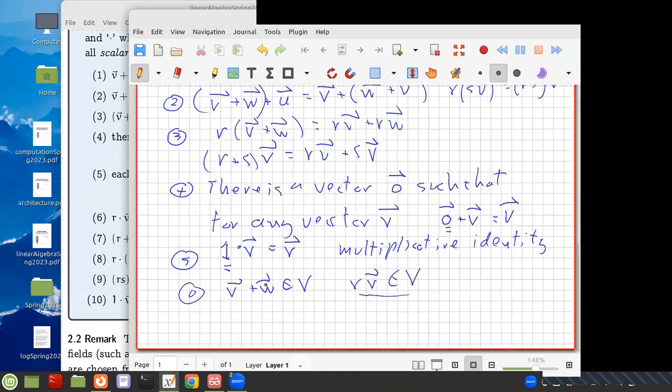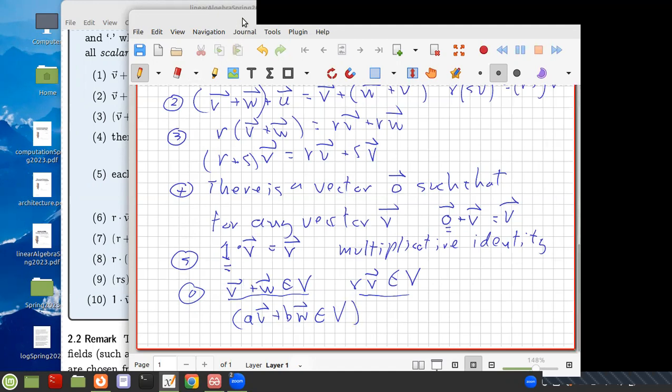So essentially these properties say that any linear combination is going to be a member of V. That's a crucial thing: if a V plus b W, where V and W are members of V, then the multiples a times V and b times W are members of V, and this property says their sum is too. Even though this property seems trivial or obvious, it is what gives the whole idea of vector space and connects it up with linear systems.